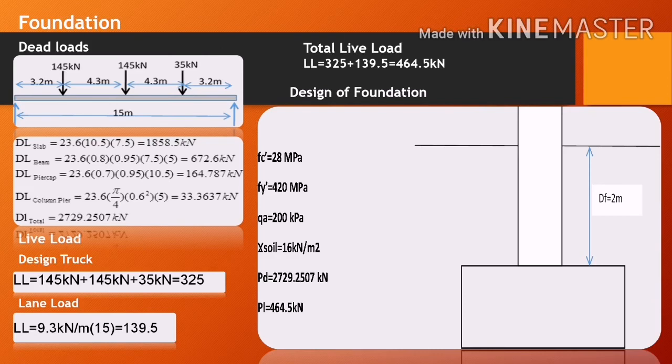For the design foundation, we should first get the value of the total dead loads and total live loads. To solve for the total dead loads, we should first get the value of the dead loads of slab, beams, pier cups, and pier column.